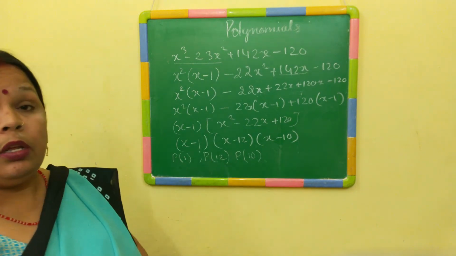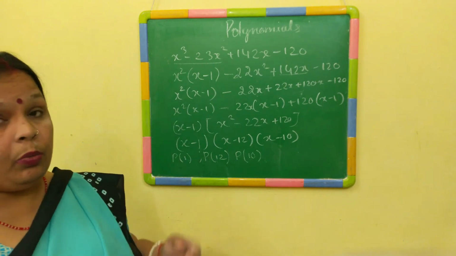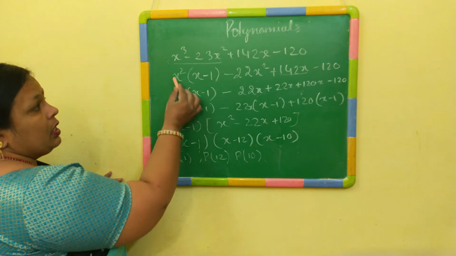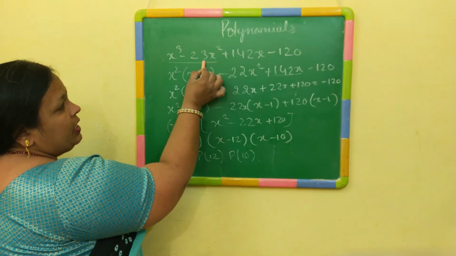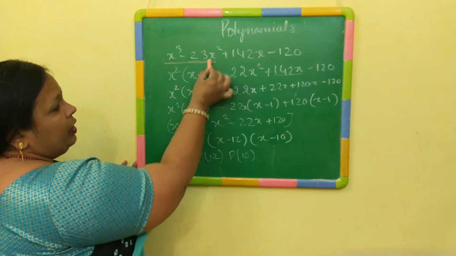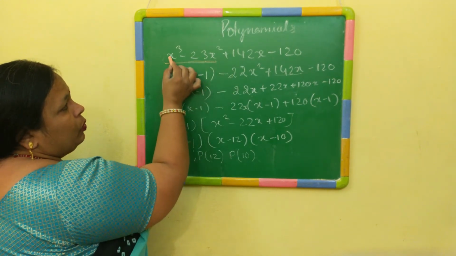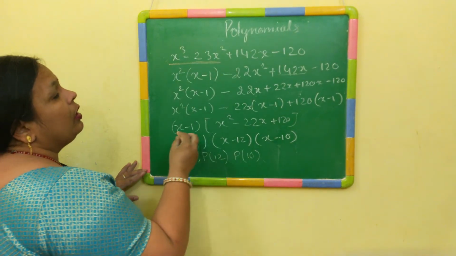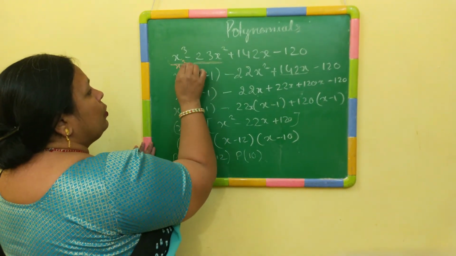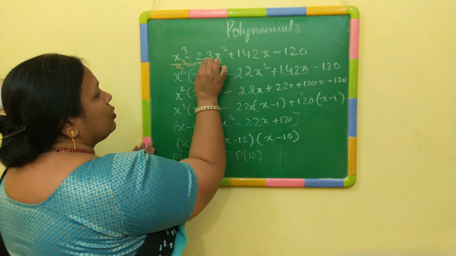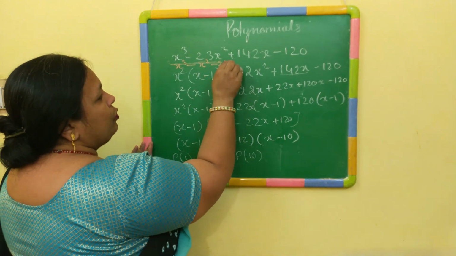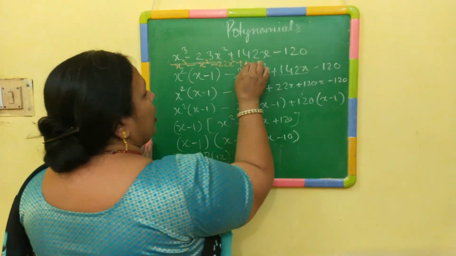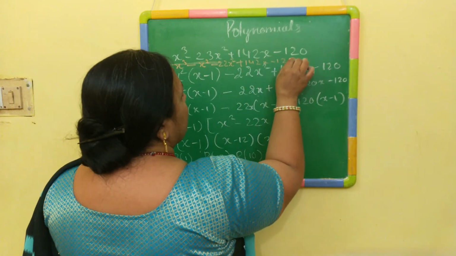The next one is by this method we are trying now. See, from these two we can easily see that x square is common. So we have taken x square, and x remains, and this 23x square here is written as x cube minus x square minus 22x square plus 142x minus 120.